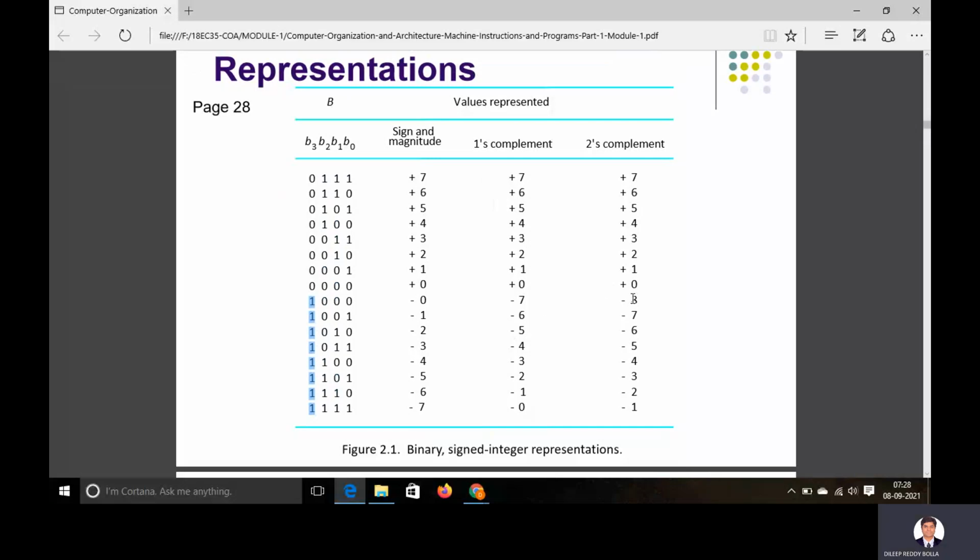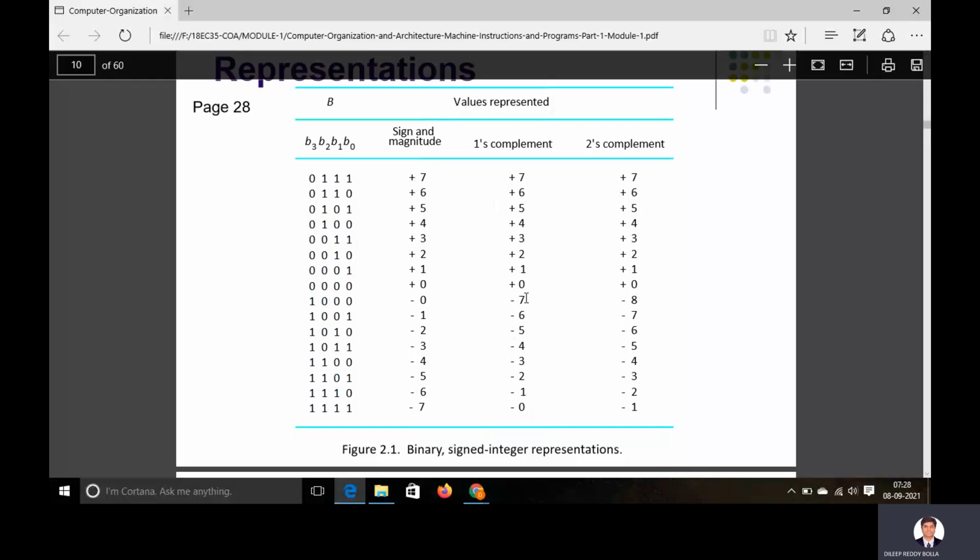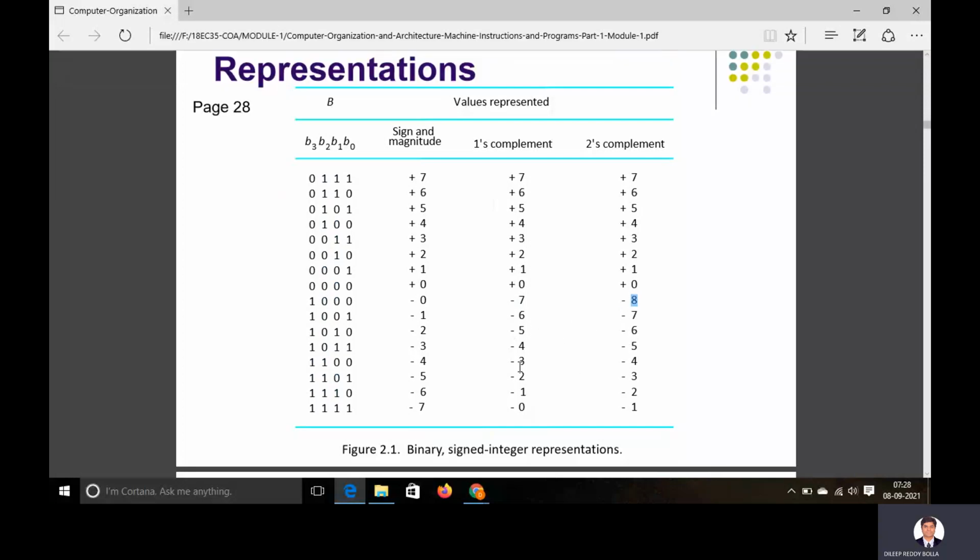In two's complement representation, we take the one's complement and add plus 1 to it, so it becomes minus 8. 6 plus 1 becomes 7, 5 becomes 6, 4 becomes 5, 3 becomes 4, 2 becomes 3, 1 becomes 0. The point here is to eliminate this minus 0.